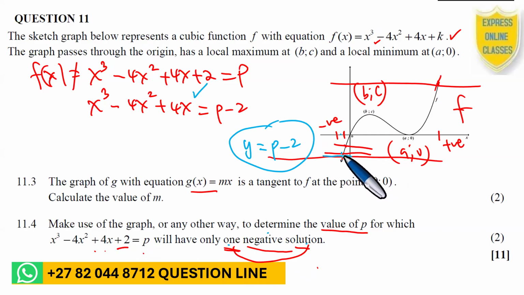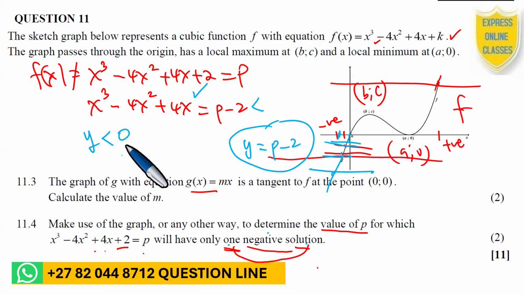If you draw a line here, it's going to cut once, and the x value is negative. But for what values of p would this be? It's going to start for any line just below the origin, and you can go on and on. It's going to cut once, even if you extend the graph like this. So it's only when it corresponds to y that is negative.